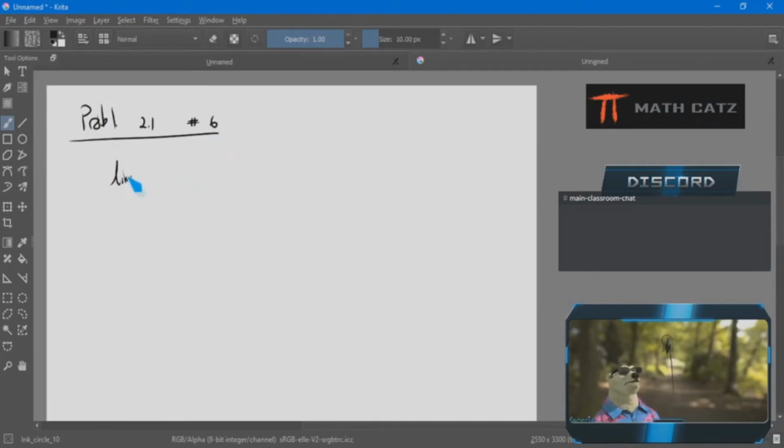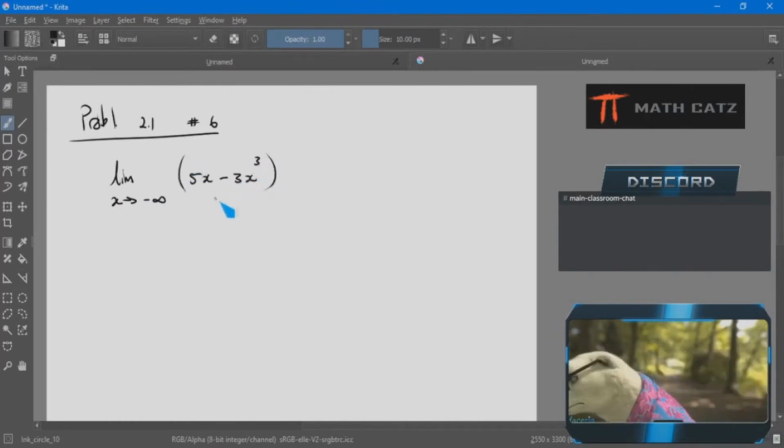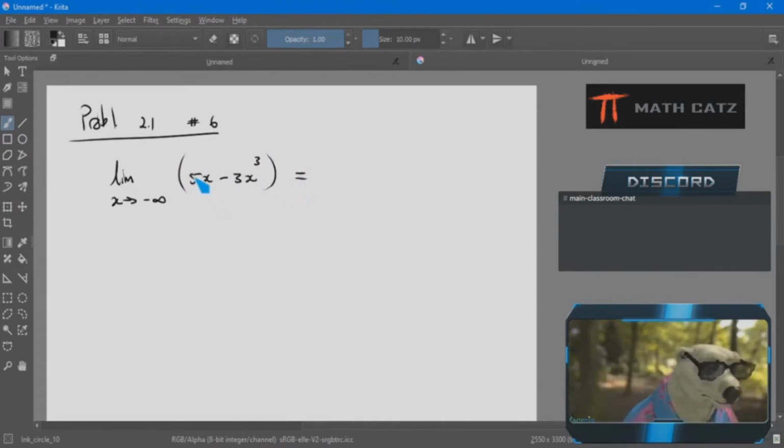So we have the limit, x approaches negative infinity. What was my function there? 5x minus 3x cubed. Put brackets around it if you want to. I don't really care. So now I see what kind of function is this. It's a polynomial. That means, and my behavior is asking when x gets large negative, then I know polynomials behave according to their leading term. So I simply need to look at what this leading term does.